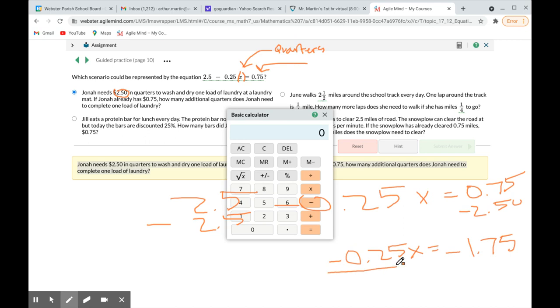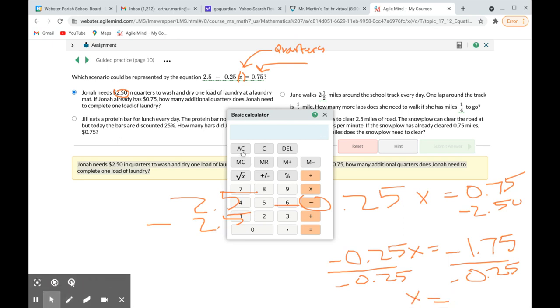And then divide by that negative 25 cents, because this is the 25 cents that you need for your quarters. And so whenever you divide this, it's going to tell you how many quarters you need. So what we do is we take $1.75 and divide it by 25 cents. And so we would need 7 quarters. But I agree, that's just a funky worded problem.